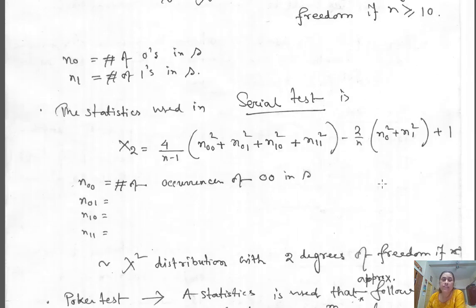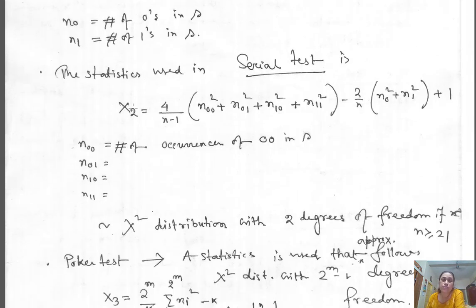For the serial test, we use this X2 variable. You count the number of occurrences of 00, 01, 10 and 11 in S, and name them n00, n01, n10, n11. X2 is defined as 4 over (n minus 1) into (n00 square plus n01 square plus n10 square plus n11 square) minus 2 over n into (n0 square plus n1 square) plus 1.